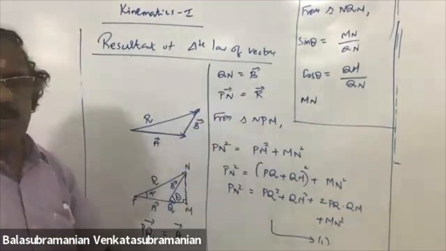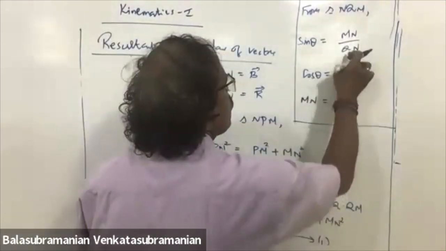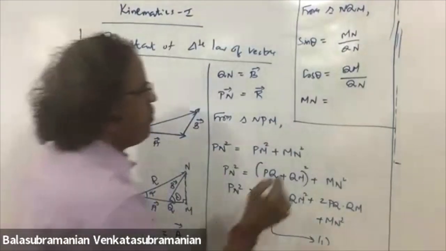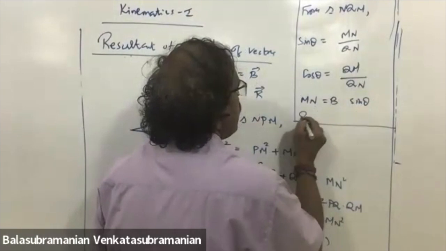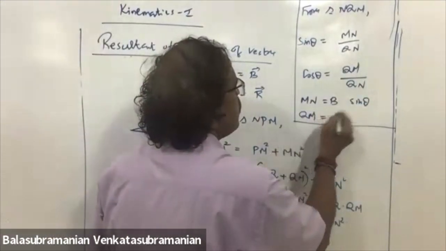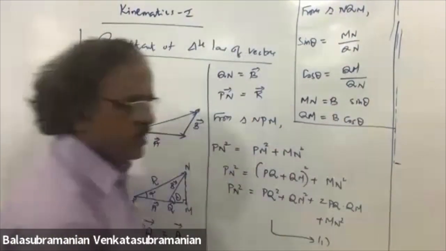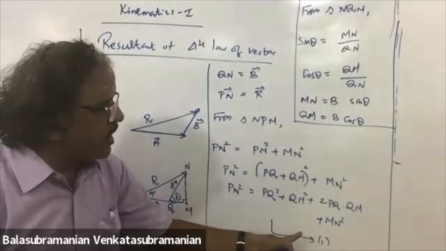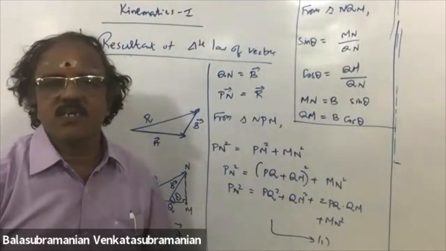PN is R. Okay. So MN is equal to QN sin theta. What is QN? B sin theta. QM is QN cos theta, B cos theta. So substitute the values of MN and QM in equation 1. You will get the answer.